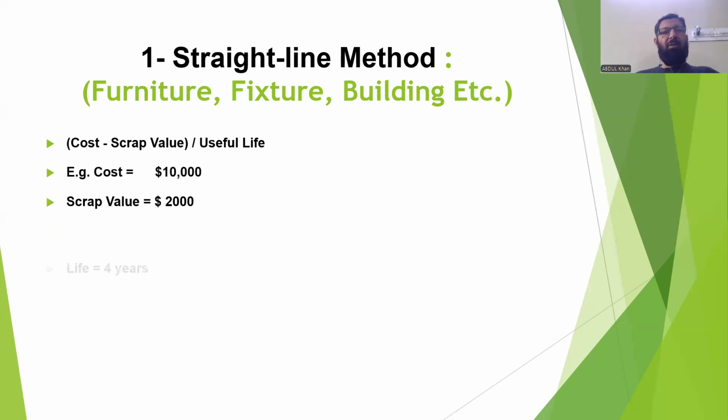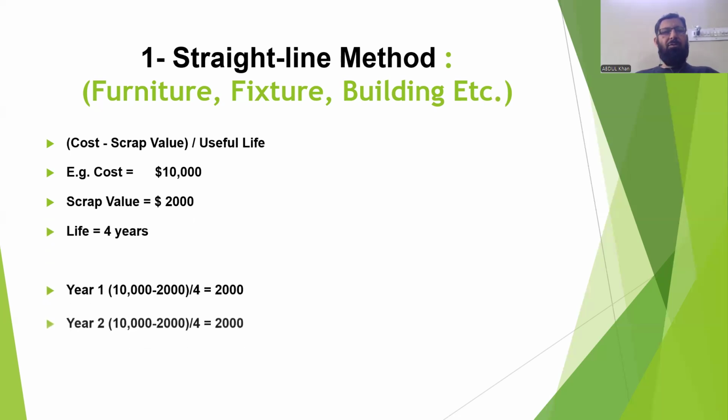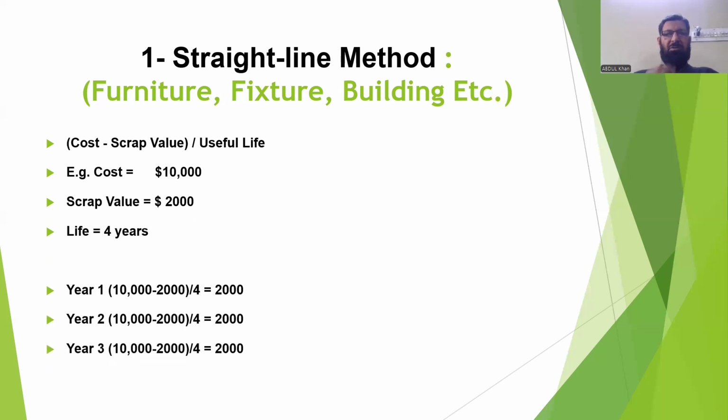Example: cost 10,000, scrap value 2,000, life 4 years. Year 1, 2,000, year 2, 2,000, year 3, 2,000, and year 4 also 2,000. Why is it the same? Because we are giving the same benefit. So the straight line method gives the same depreciation over its useful life.